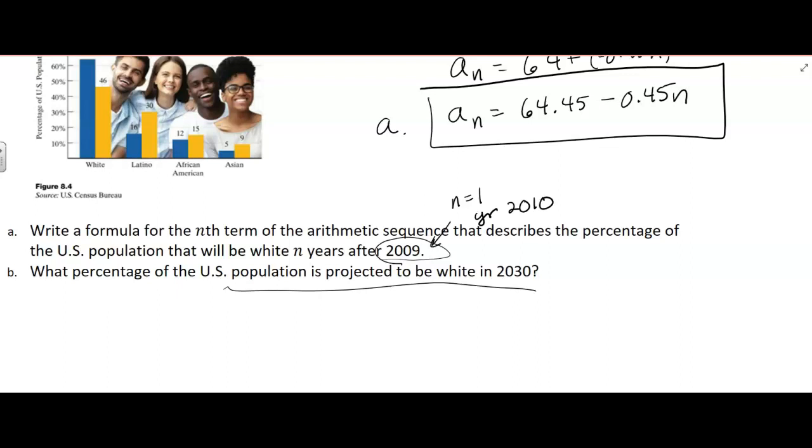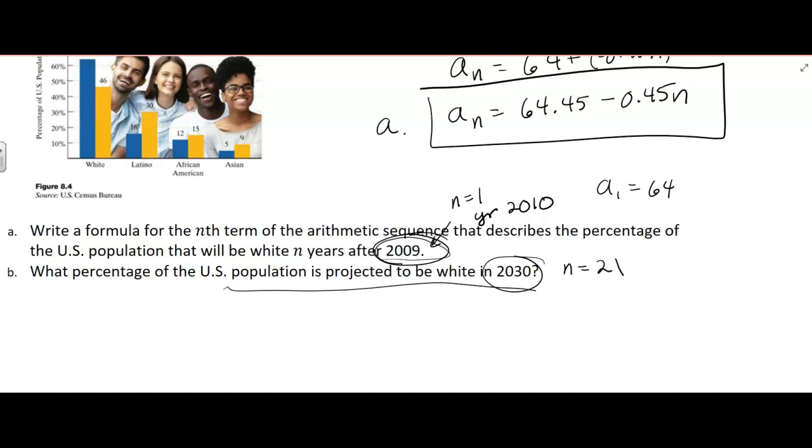Our a sub 1 was 64, and they told us in the data that in 2010, 64% of the population was white. So we have to remember that. Now, how many years after 2009 is 2030? Well, that's going to be 21 years later. So n is 21, right?